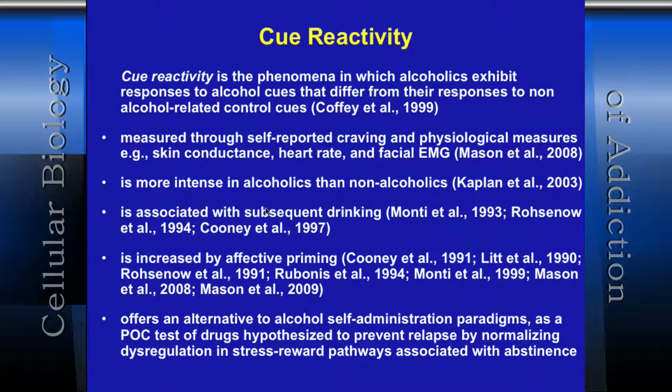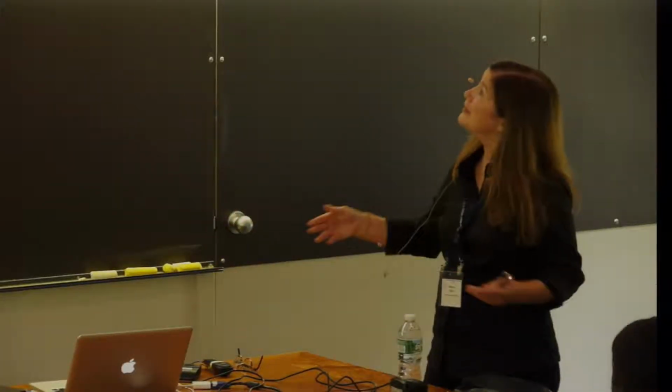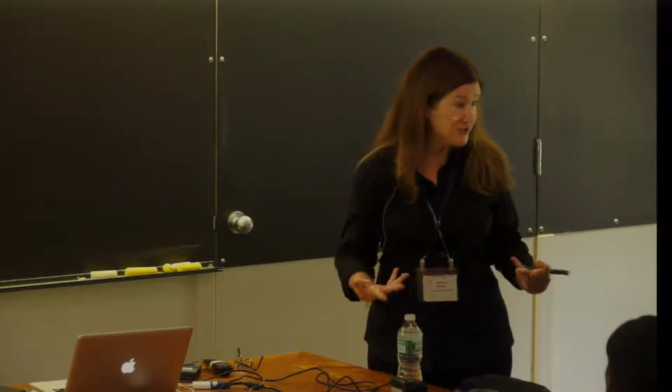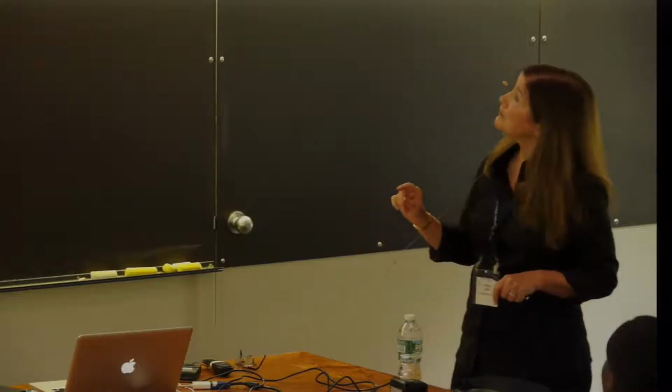You can measure it through self-reports, and we use a couple of very quick visual analog scale items because we don't want to give them pages of papers to fill out where you've completely lost the effect of the cue. And physiological measures like skin conductance and heart rate, which are general measures of arousal, but also facial smiling and frowning muscles, we find to be fairly specific to the cues, so we find them quite useful.